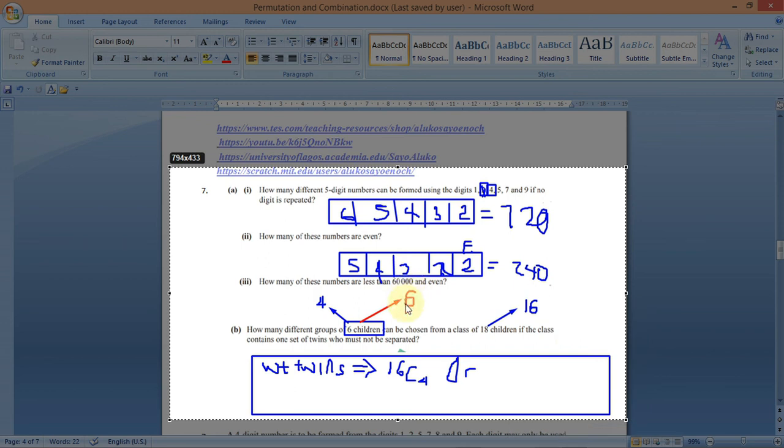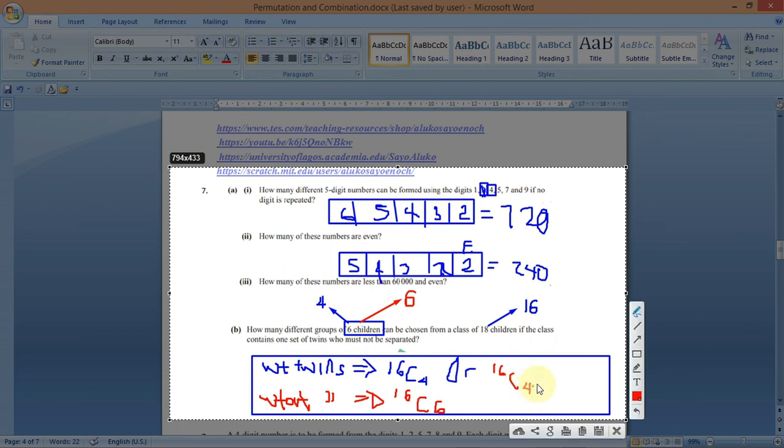Let me put that in red. Without the twins, this will remain 6 because I'm not taking them out. So that will be 16 combination 6. So now my final answer will be 16 combination 4 plus 16 combination 6.